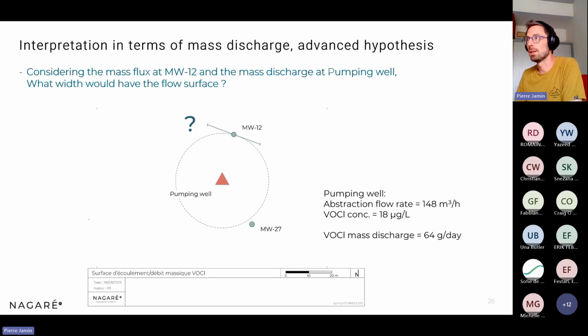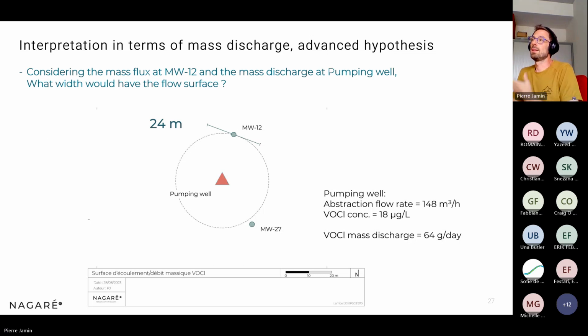It's a simple arithmetic division, and we can find that if the chlorinated solvent mass flux that we measure at MW12 is representative of a surface that has a width of 24 meters, it's enough to feed all the chlorinated solvent that we find in the pumping well.